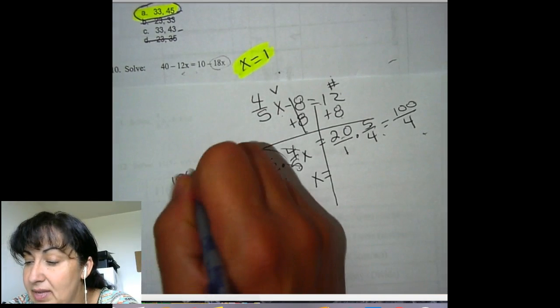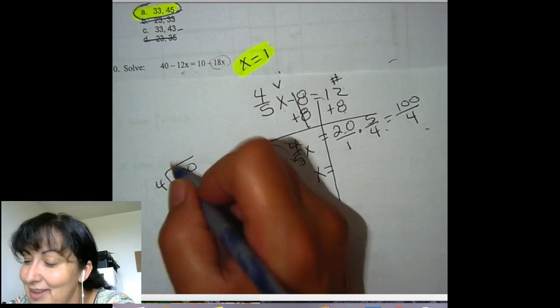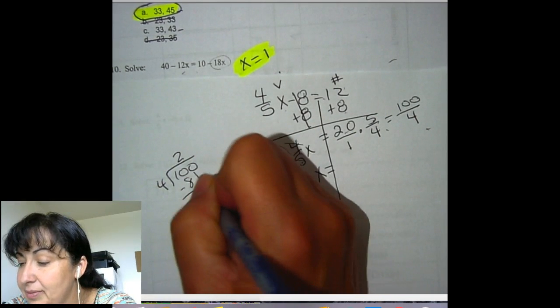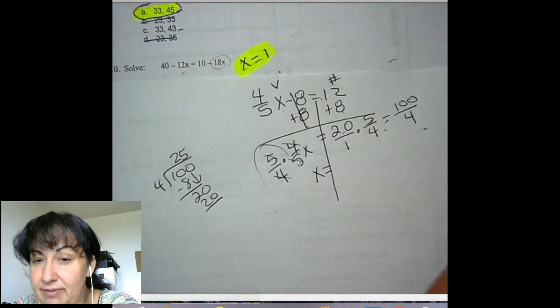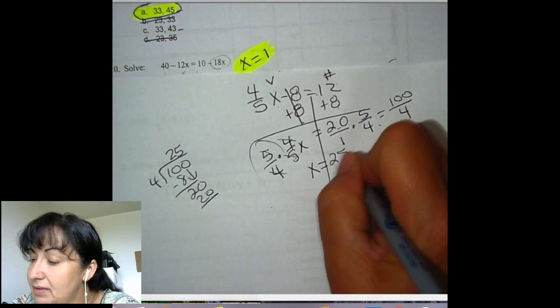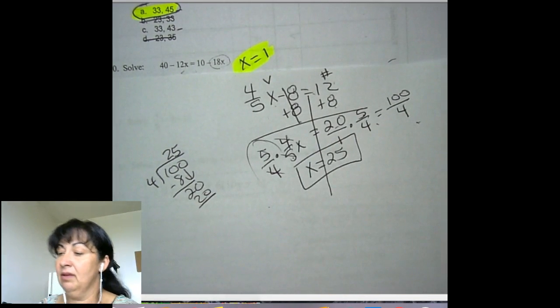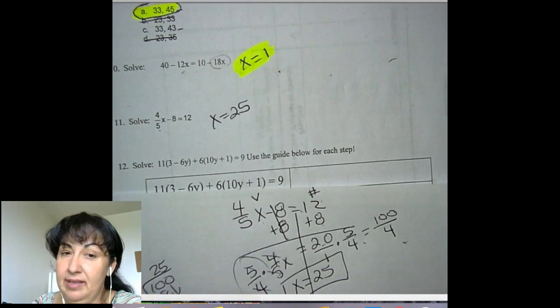And you might already know what that is because there's 4 quarters in a $1, right? 4 goes into 10 2 times. Subtract, bring down the 0. Okay, 25. So x equals 25. Let's go ahead and write that in. x equals 25. And let's highlight that.